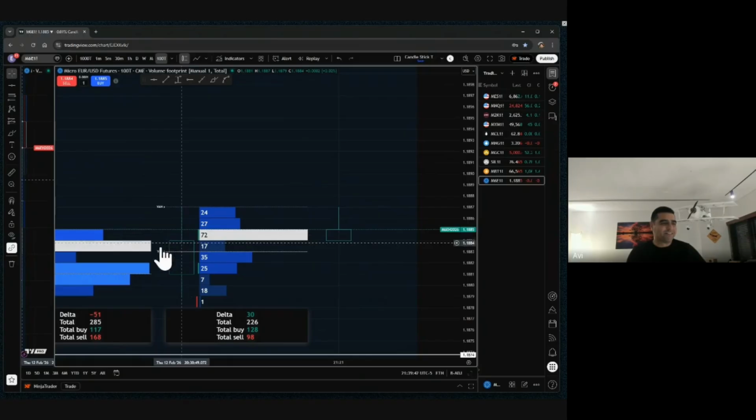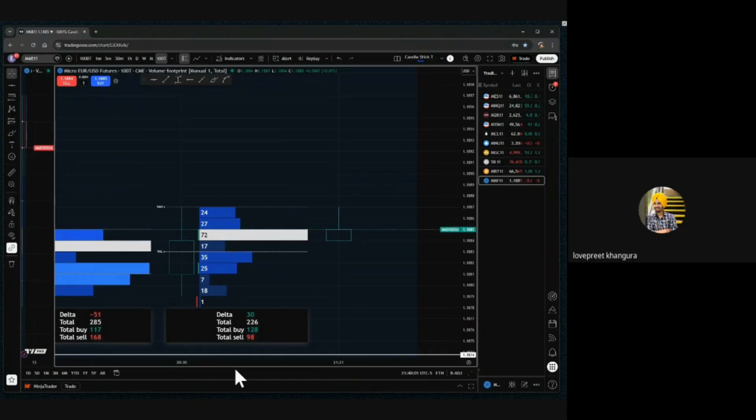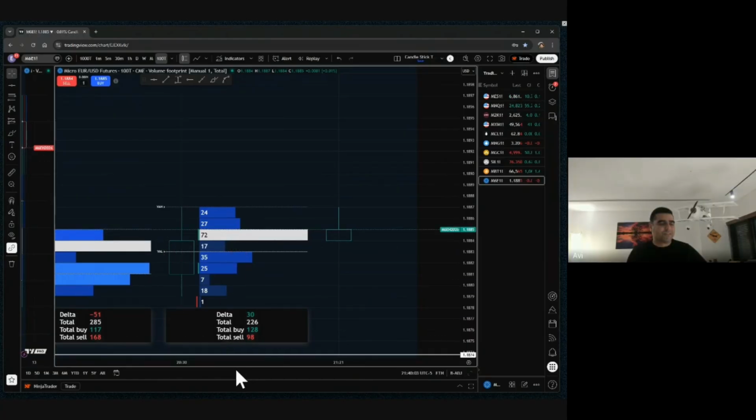Right here, the white highlight row is the highest volume at this price, and these are the value area low and value area high. 70% of the volume during this candle happened within these white lines. That's all it tells you. And there are settings to change all that, but 70% is pretty standard.